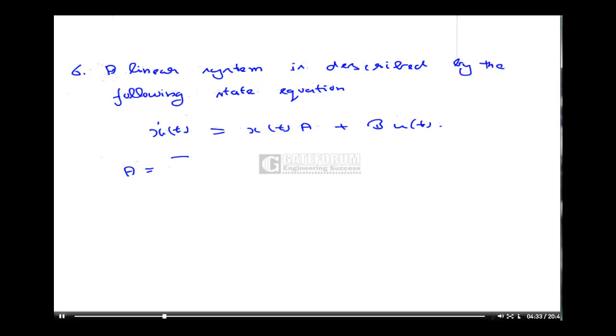Matrix A is given by this. Find the state transition matrix.